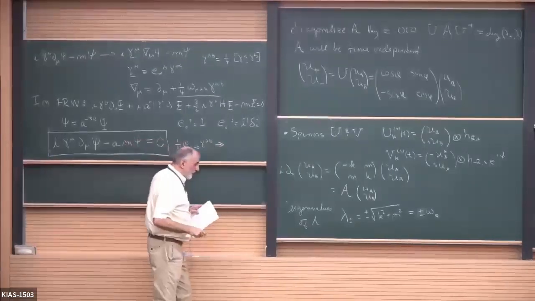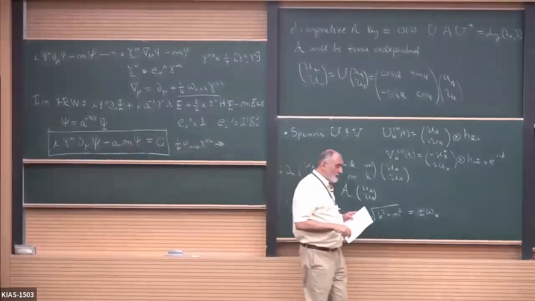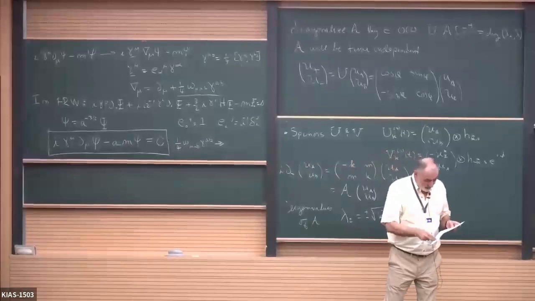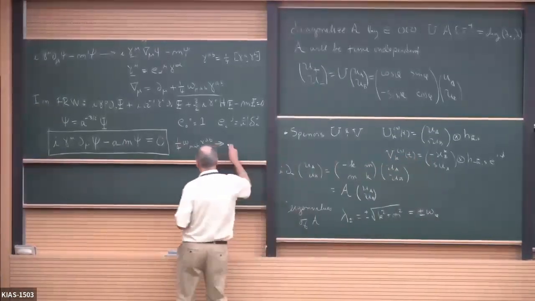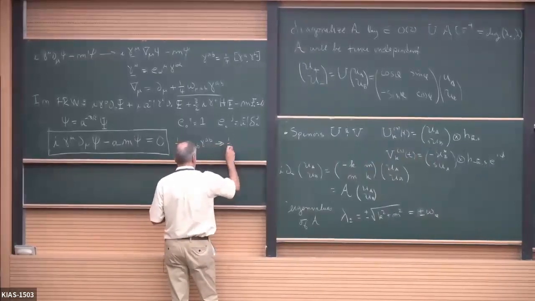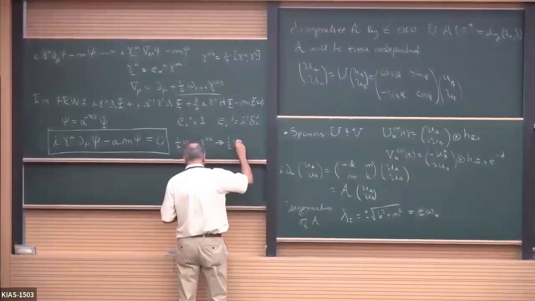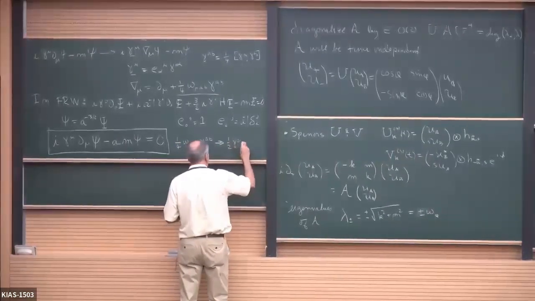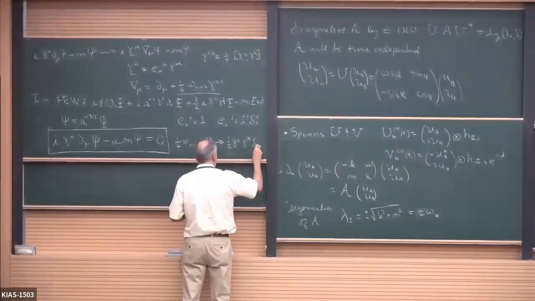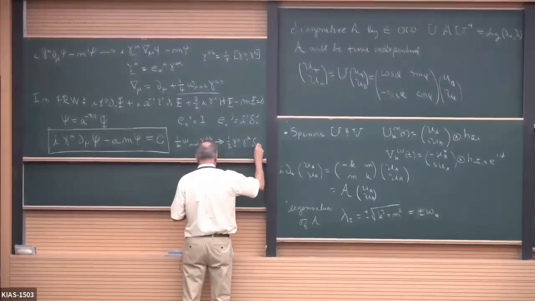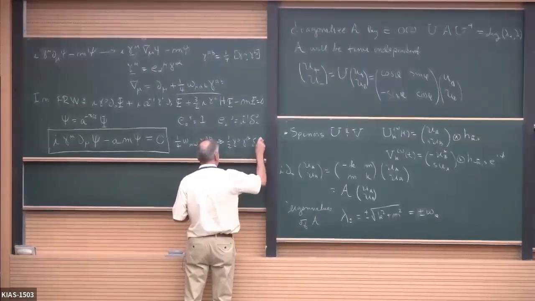The spin connection in FRW is in general a complicated thing, but in FRW this goes to 1/2 gamma 0, gamma beta, delta beta i, A dot.